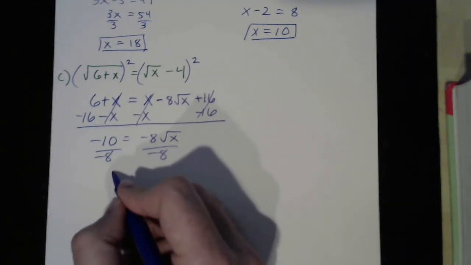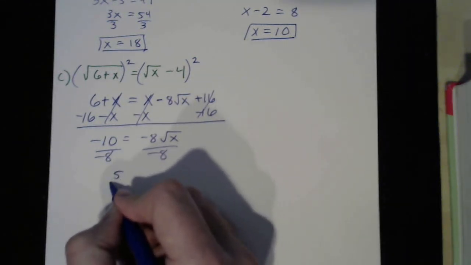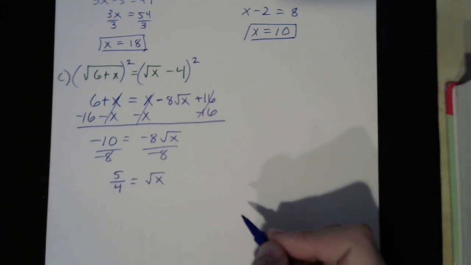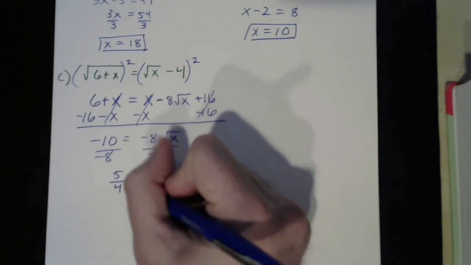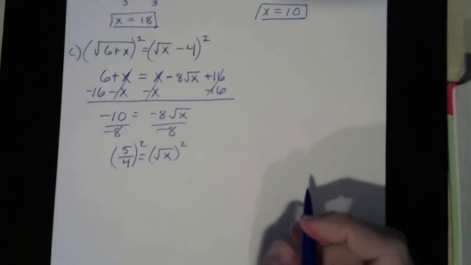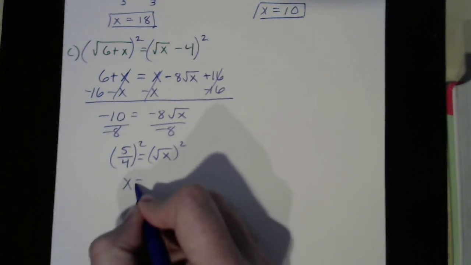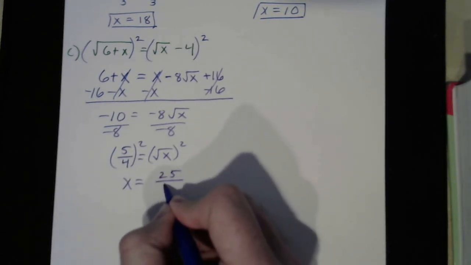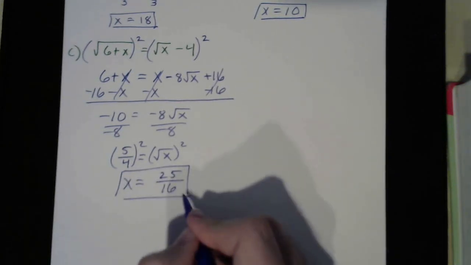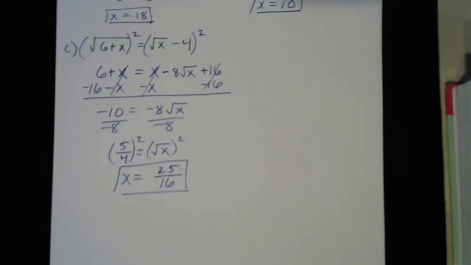And we get 5 over 4 equals the square root of x. Square both sides. And x will equal 25 over 16. And again, I will let you verify, and you should verify this.